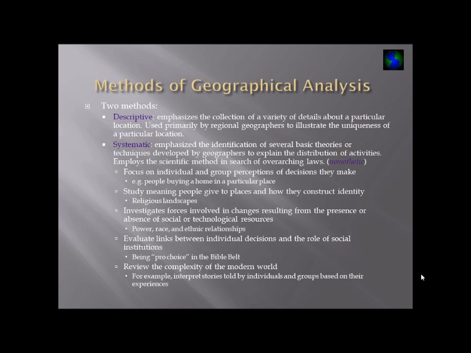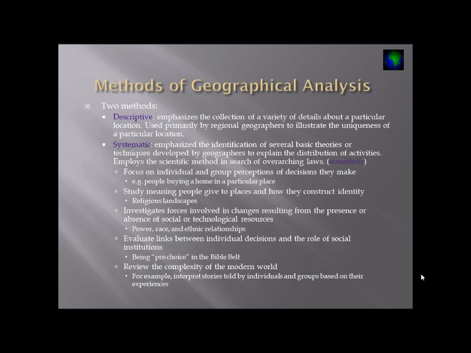There are several methods of geographical analysis. Descriptive emphasizes a collection of a variety of details and features about a particular location. It's used primarily by regional geographers to illustrate the uniqueness of a particular location, and then study its diversity from other locations. Systematic emphasizes the identification of several basic theories or techniques developed by geographers to explain the distribution of activities.